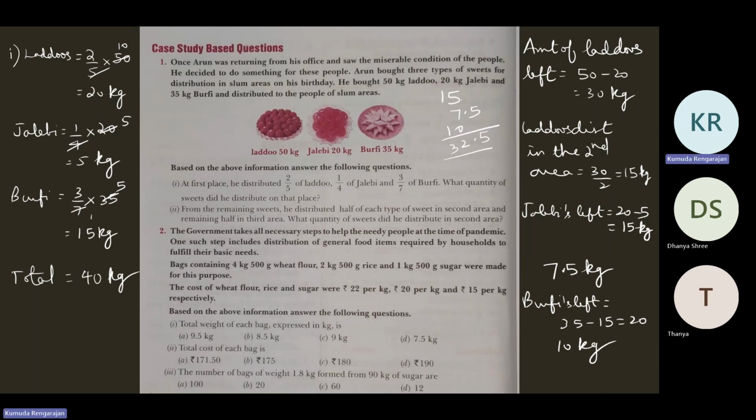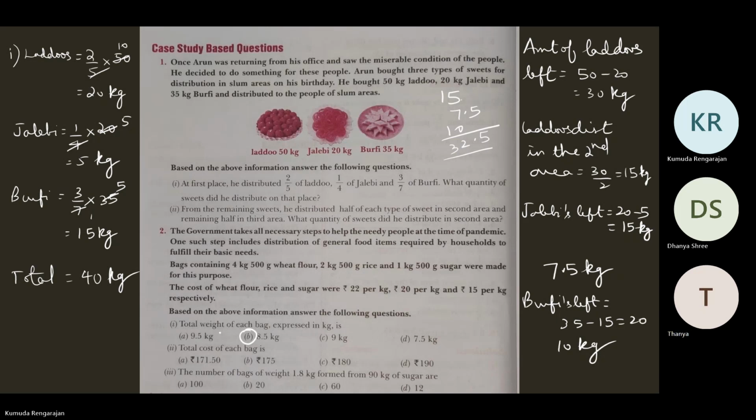Yeah, tell me the option. Total weight of each bag. B option. B. B for boy, yeah? Yes. Correct. Danya, you two got it? Yes, ma'am. Okay. What's the total cost of each bag?